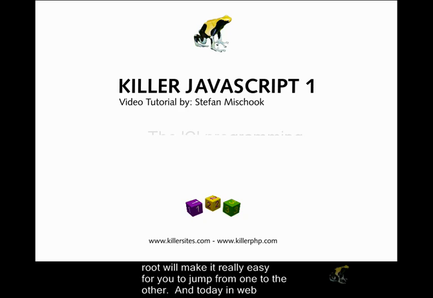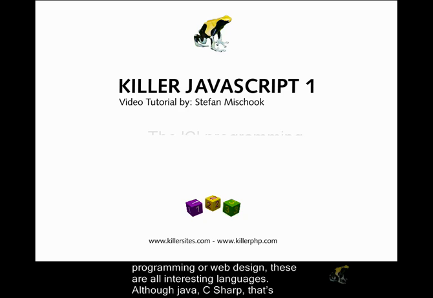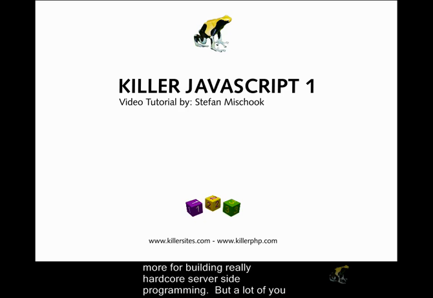Today in web programming or web design, these are all interesting languages, although Java and C# are more for building really hardcore server-side programming. But a lot of you may want to get into ActionScript later on, and going from JavaScript to ActionScript will be really easy.